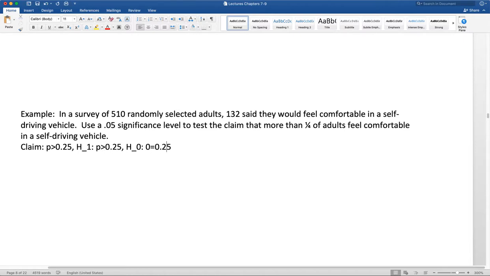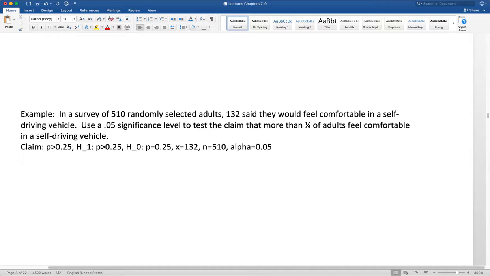The null hypothesis always must include the equal sign. So x is 132, the sample size n is 510, and alpha is 0.05.